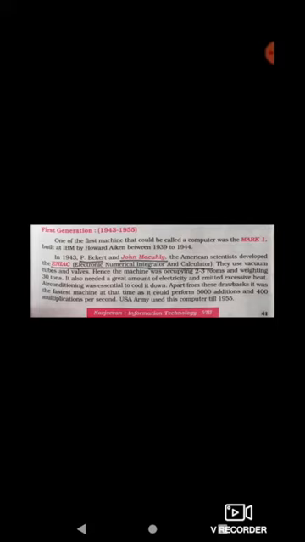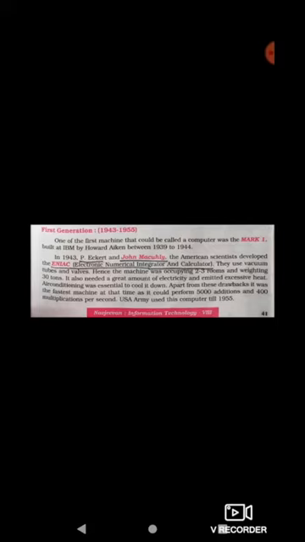In 1943, J. P. Eckert and John Mauchly, the American scientists, developed the ENIAC, that stands for Electronic Numerical Integrator and Calculator. They used vacuum tubes and valves. Hence, the machine was occupying 2 to 3 rooms and weighing 30 tons.